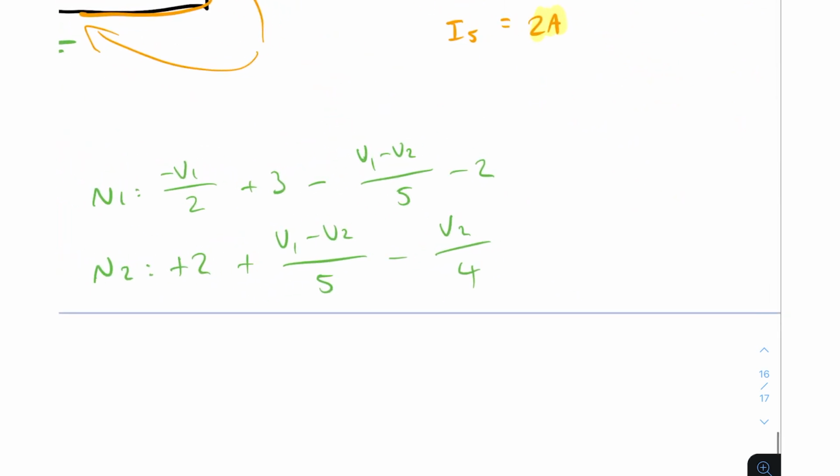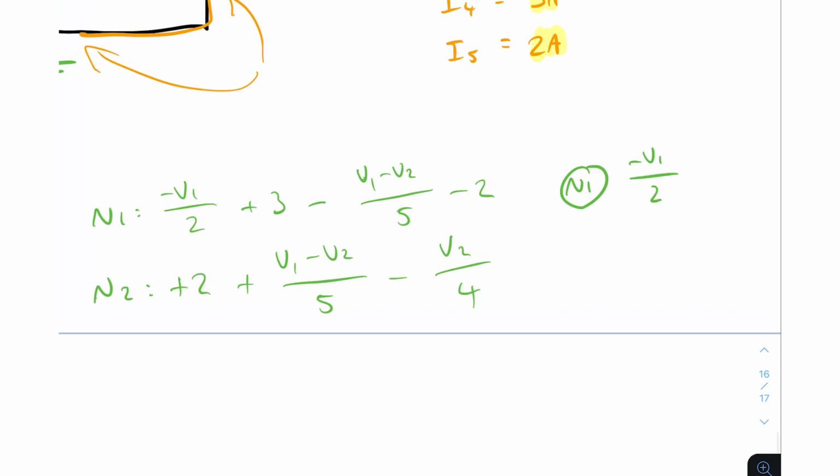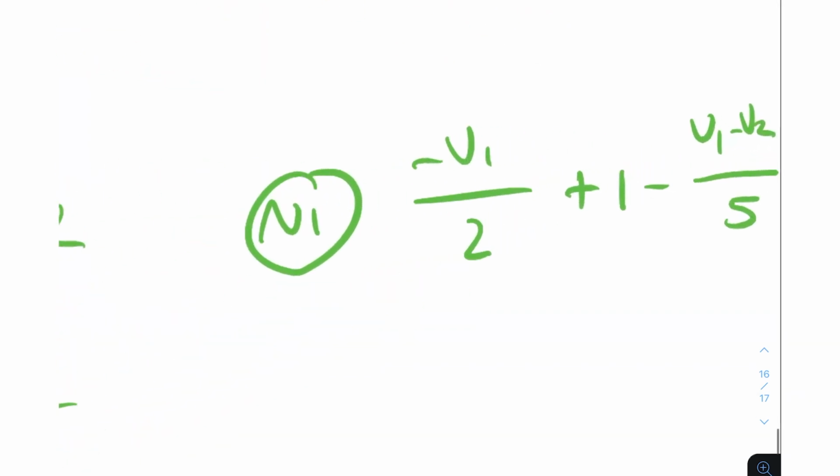And then we can just simplify this a little bit more. So we can rewrite this node 1 as minus V1 divided by 2. And then you've got plus 3 minus 2, so it's just plus 1, isn't it? So plus 1 and then minus V1 minus V2 divided by 5.